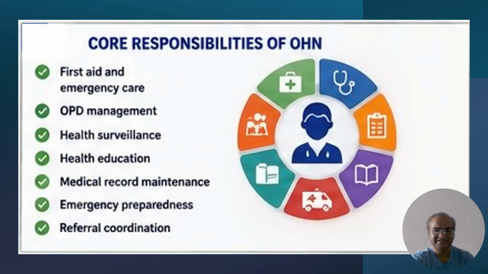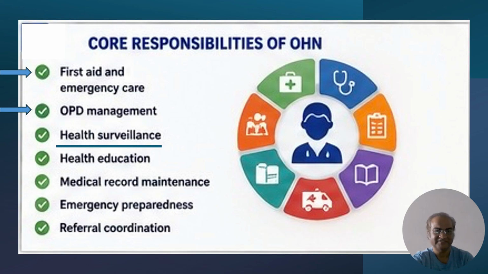So first let's see what all are the core responsibilities of an OHN. So you already know, if you are an OHN, you need to do first aid and emergency care, OPD management. These all the OHNs usually do. They are in day-to-day practice. You need to focus on health surveillance.